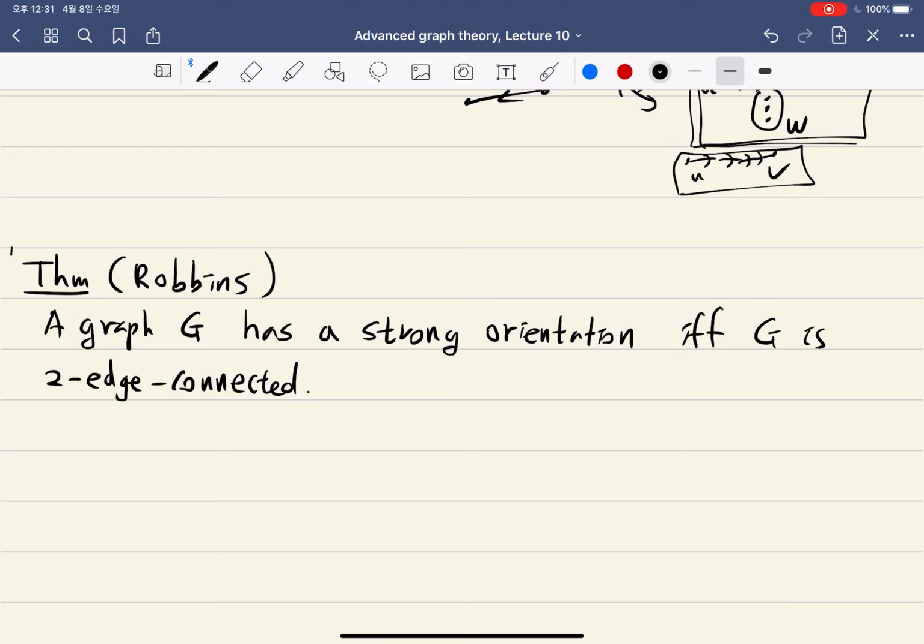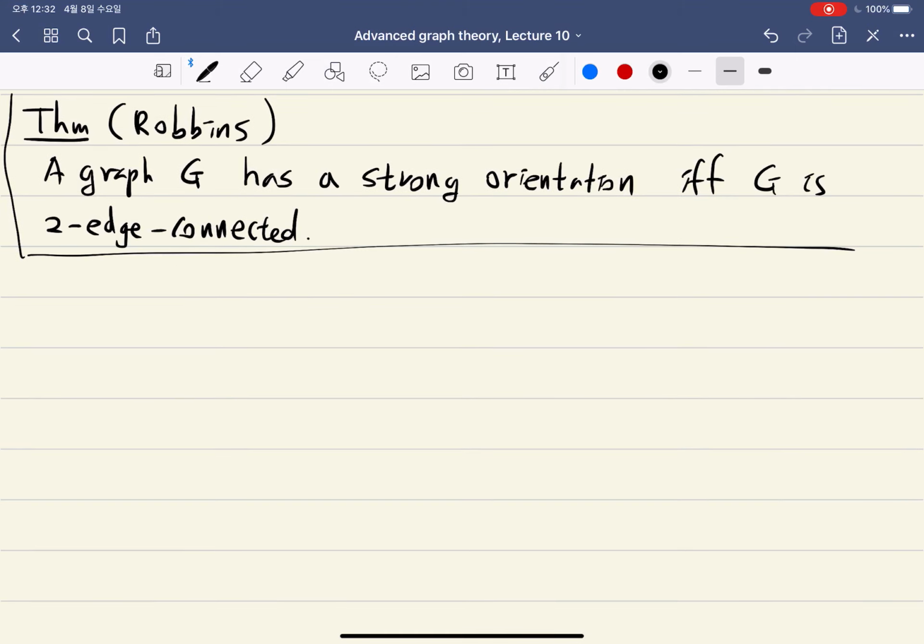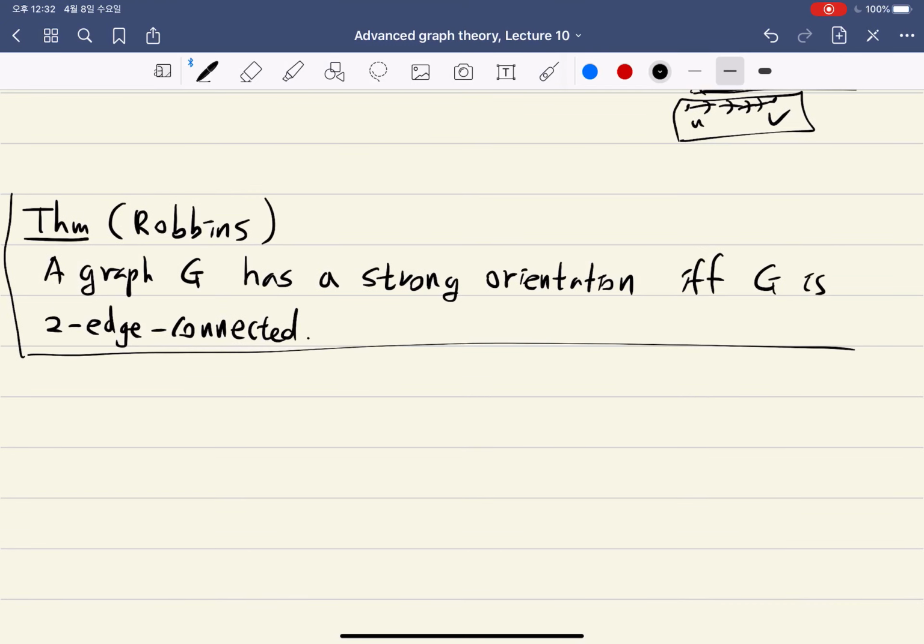And we proved this by using ear decomposition. G is two-edge connected, so it means it has an ear decomposition. And by using that, we proved it in undergraduate graph theory. So what we want to do is generalize this to higher connectivity.